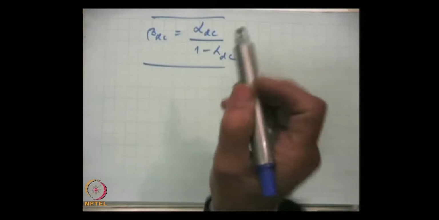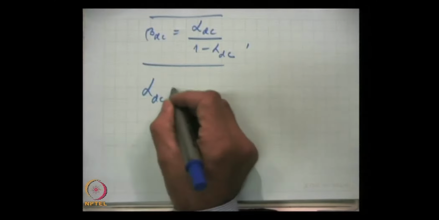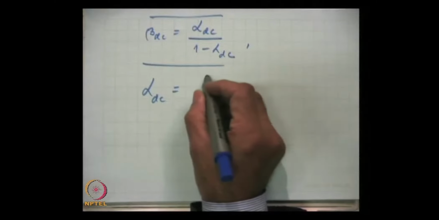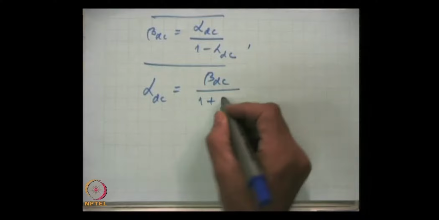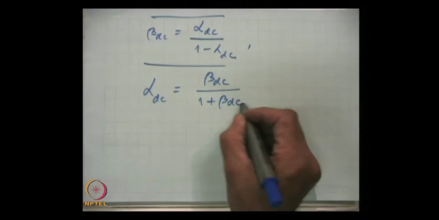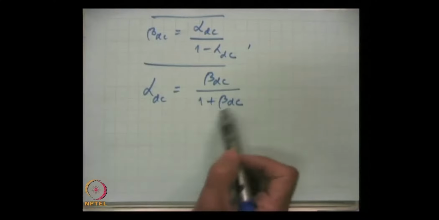From this equation we can also write alpha in terms of beta, that is alpha DC is equal to beta DC by 1 plus beta DC, and as you can see, this will be slightly less than 1.